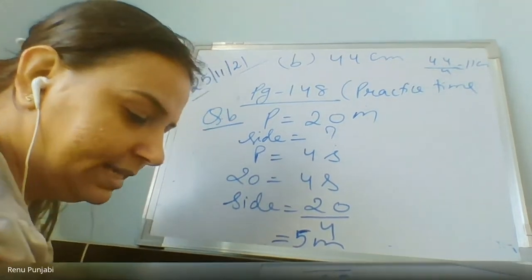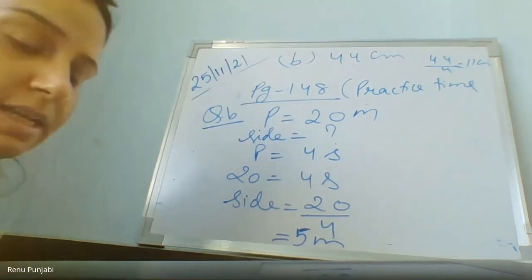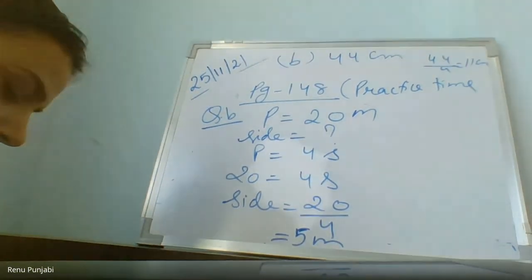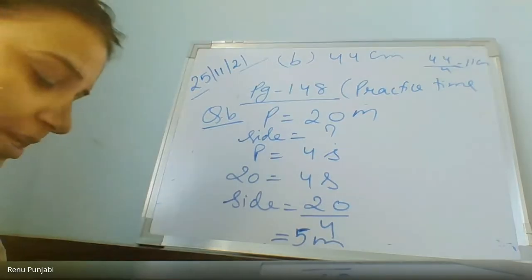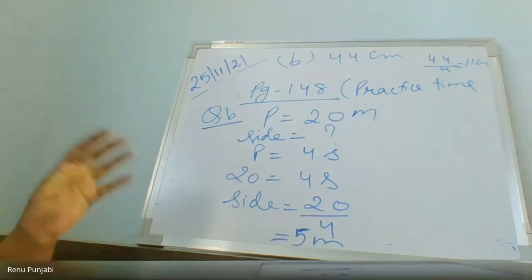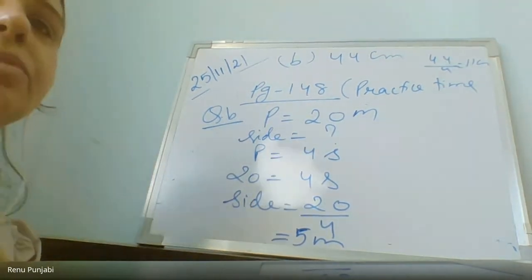Now come to the next thing, where the length or the breadth of the rectangle is missing and you have to find it out. Now I'm giving you the next question. First I'm giving you the practice question, then I will move to the textbook question.